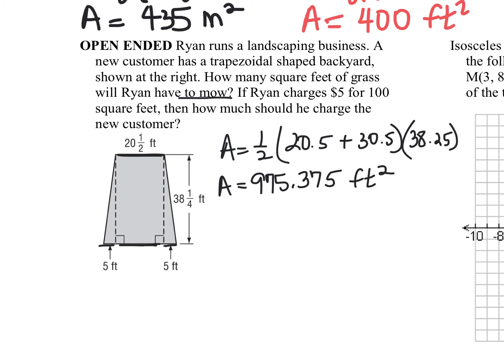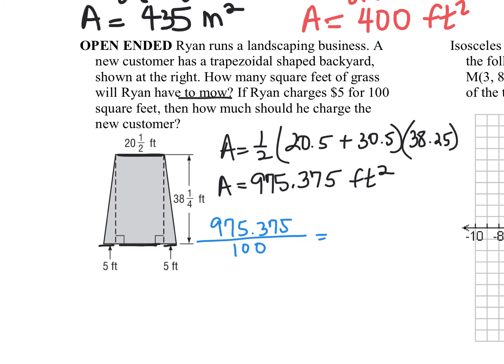Now, we want to see how much money he would charge. So if Ryan charges $5 for 100 square feet, let's see how many hundreds of square feet we have. So we'll take this 975.375 and divide by 100.